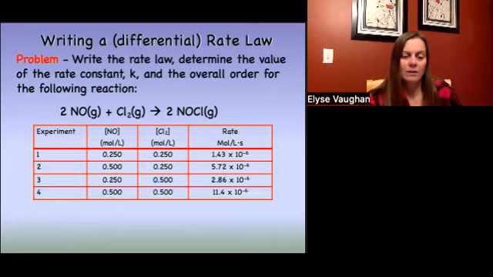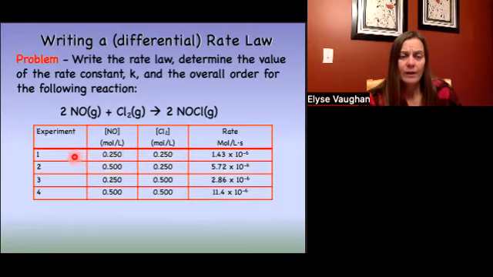And so you'll notice in our data here that we have concentration information for each of our reactants, and then we have rate information for each of our trials.